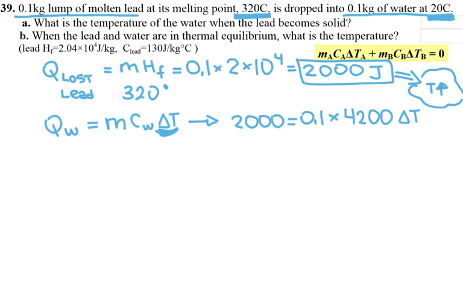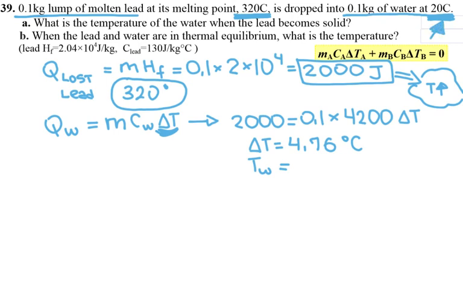So now if I calculate delta T, that is equal to 4.76 degrees Celsius. So the new temperature of the water, when the lead is at solid state and at 320 degrees Celsius, is going to be 4.76 degrees more than it was initially.